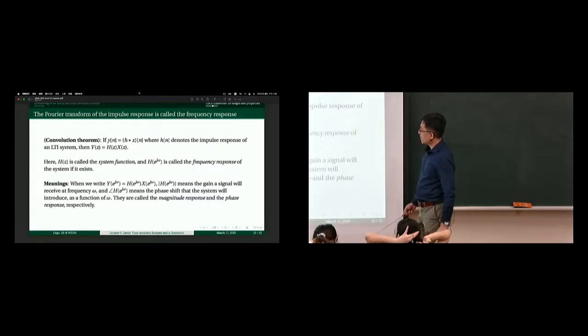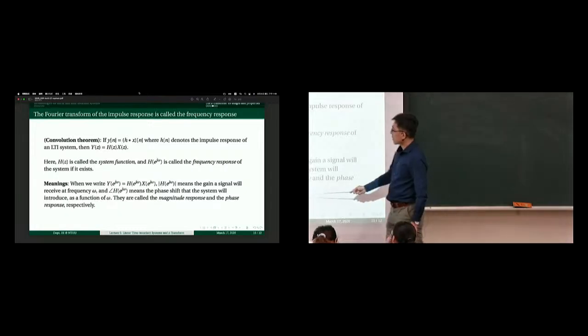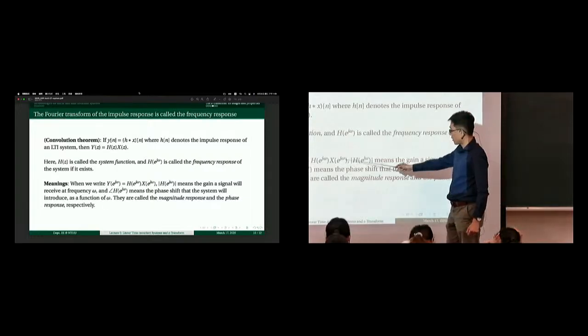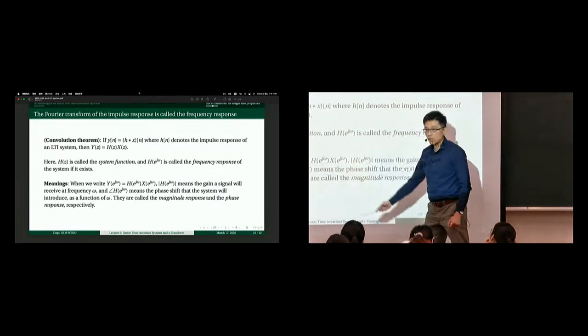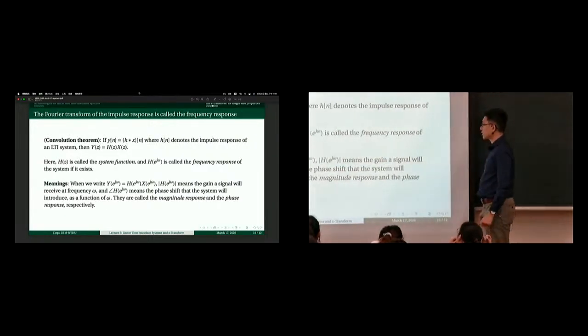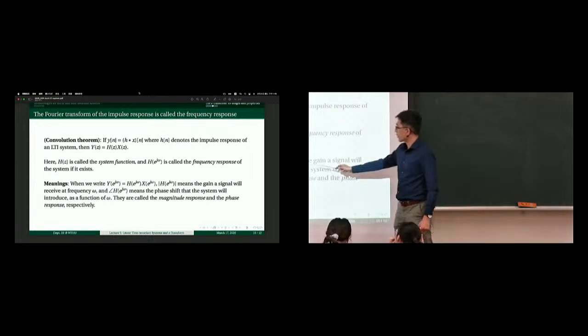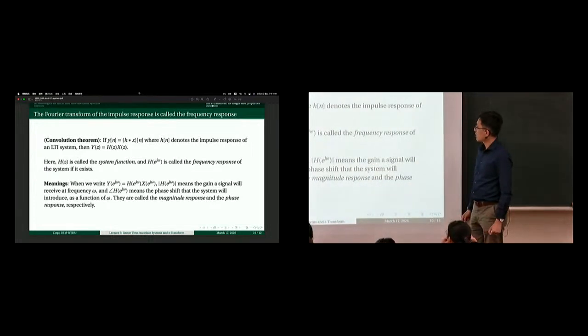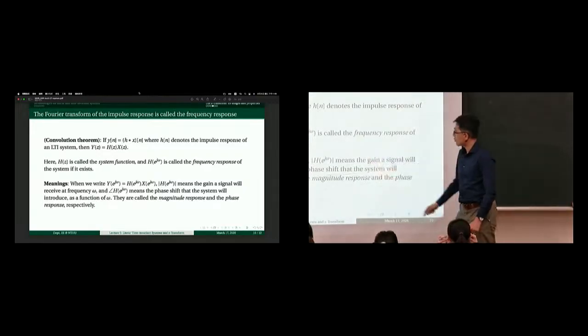So the meaning of this system function is that when we evaluate everything on the unit circle, and suppose that everything converges, both big X, big H, and big Y. If big X and big H converge on the unit circle, then here we take the absolute value, the modulus.